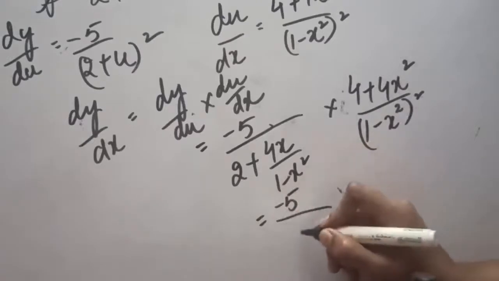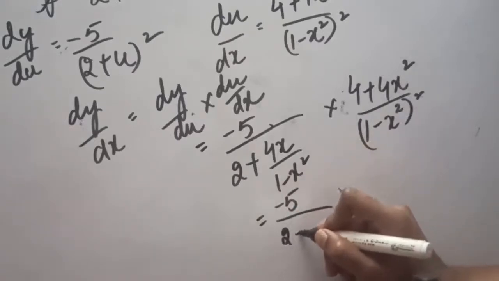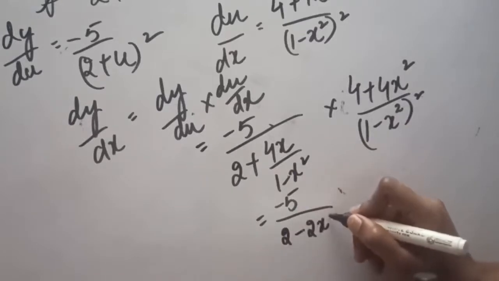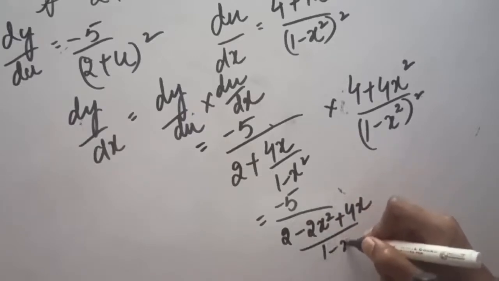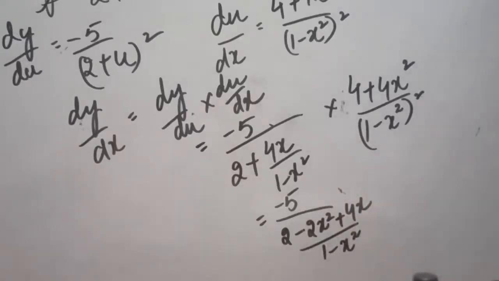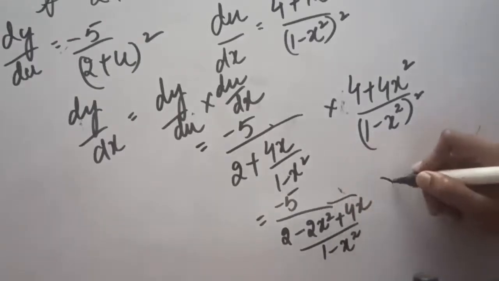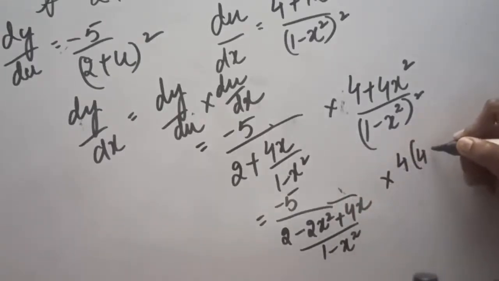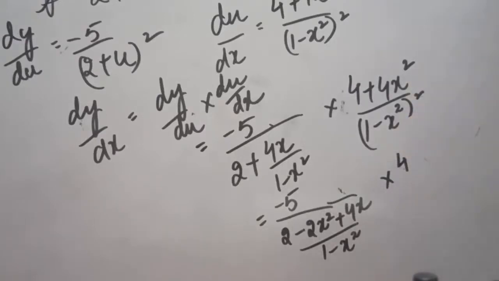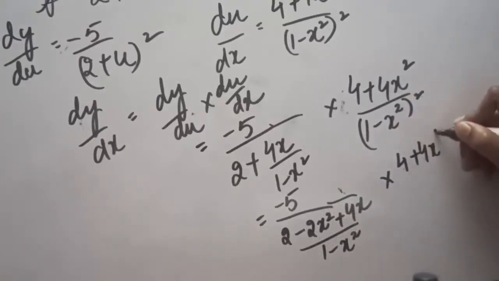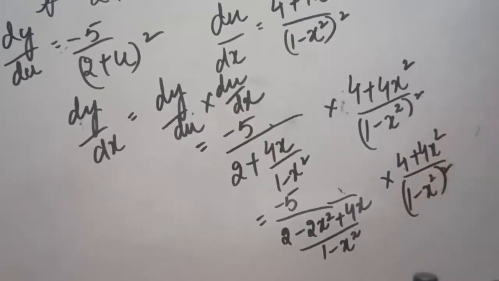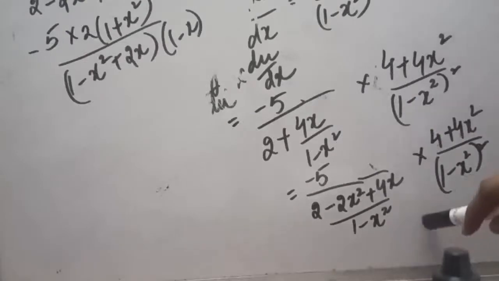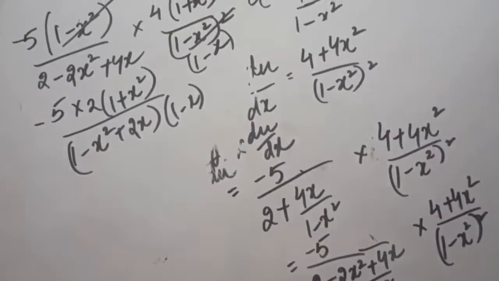Minus 5 divided by, it will be 2 minus 2x square plus 4x divided by 1 minus x square, into 4 plus 4x square, divided by 1 minus x square whole square. After this you can solve this and you will be able to reach the final solution.